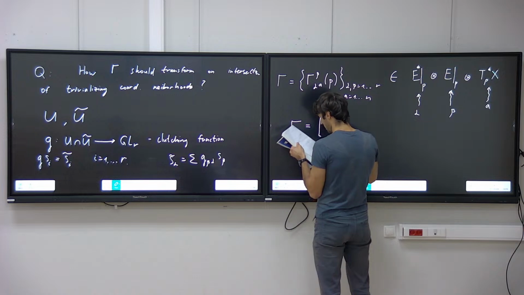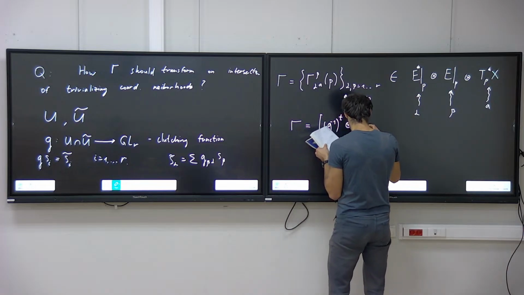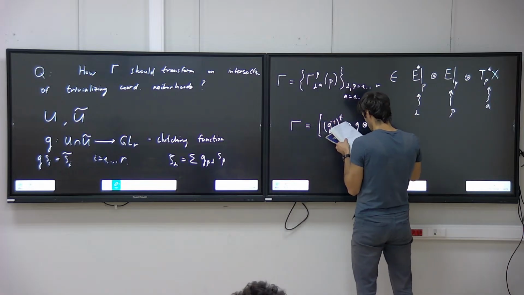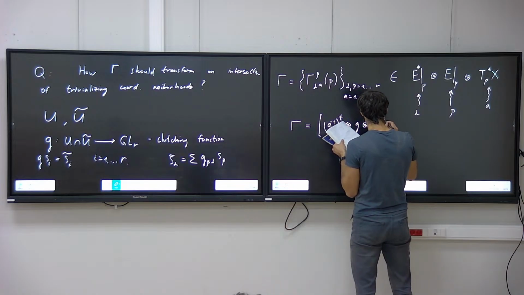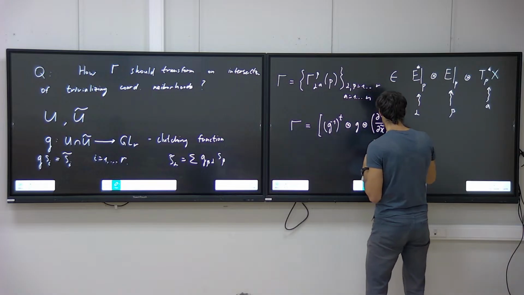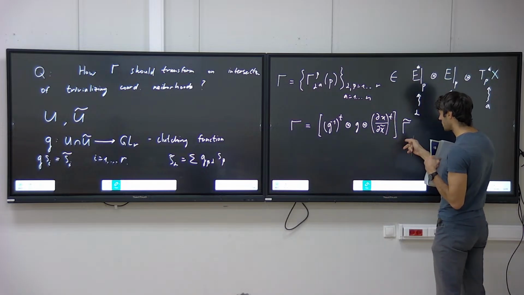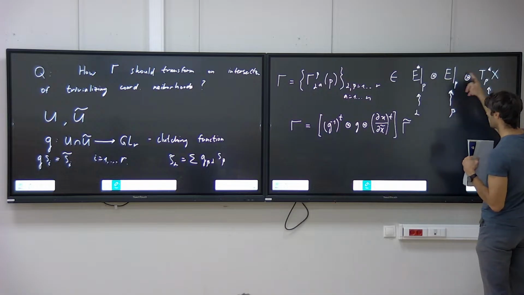So I need to apply G inverse transpose tensor G tensor dx over dx tilde transposed to gamma tilde. That would be a transformation if gamma was a section of this.